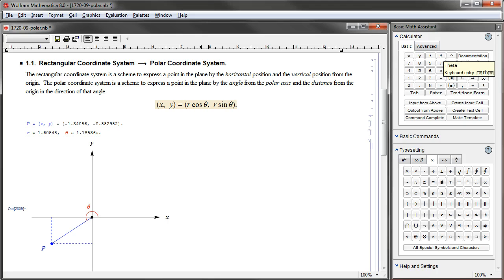It's pretty clear why, because the trigonometric functions cosine and sine were defined by x over r and y over r respectively. So we have this conversion formula.